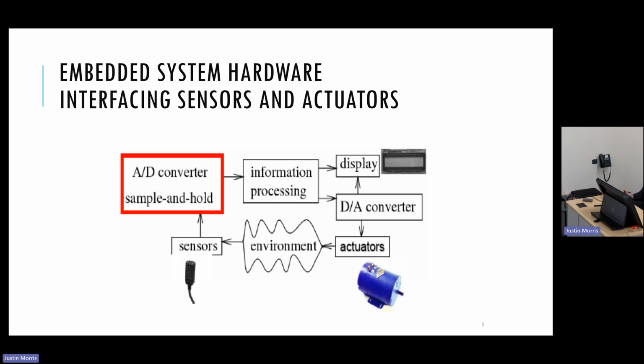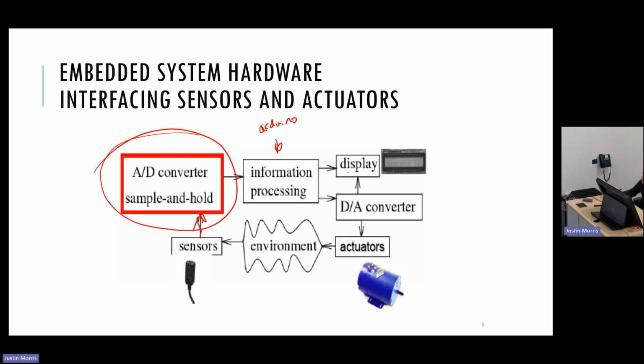So this is kind of a setup of a typical embedded system. We have here our analog to digital converter. That is what our sensors input into. And then this is our, say, processor, right, that's going to process that information from the sensor.